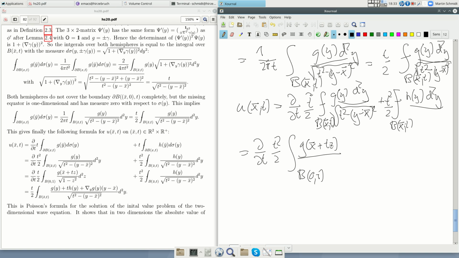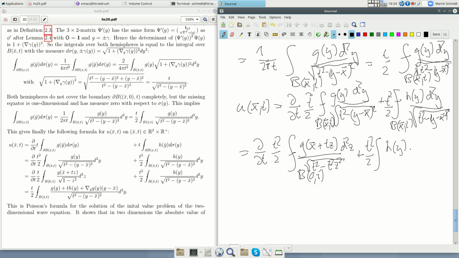And if we insert this, then we get the square root of, and here we have t square z square d square z. Since we have the mean, we have no problems with the transformation. This term we leave as it is. Of course, here is missing t square minus y minus x.